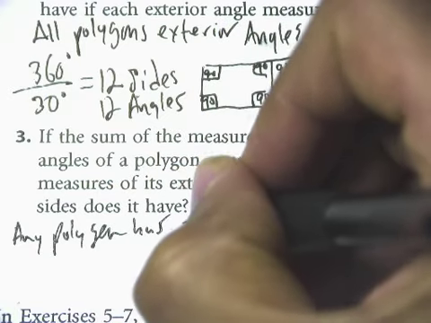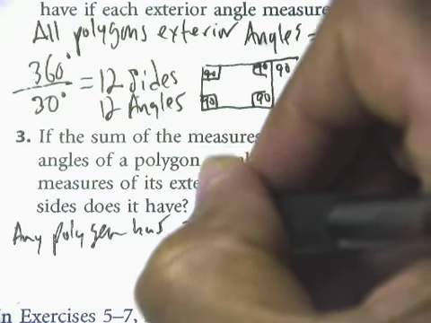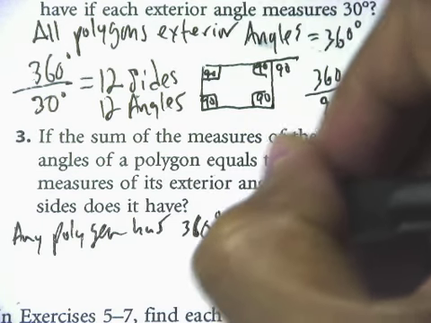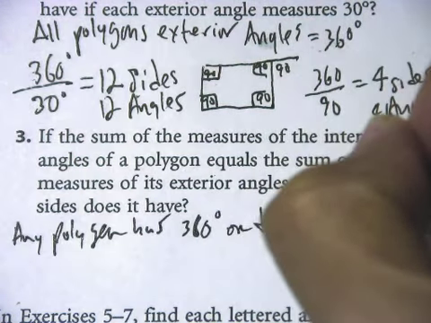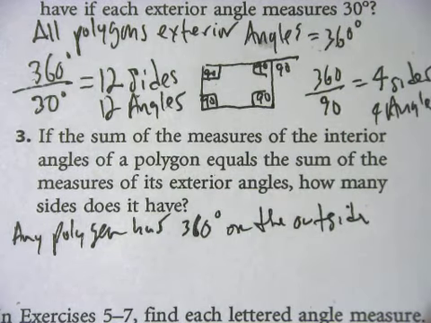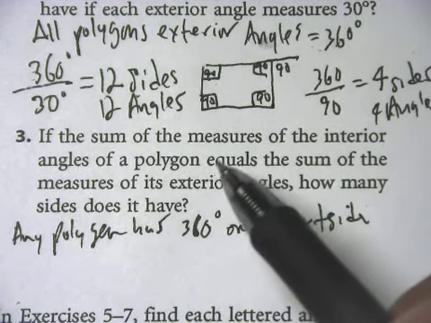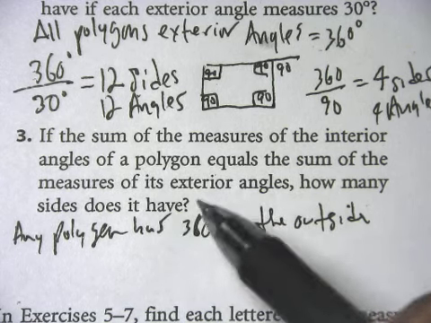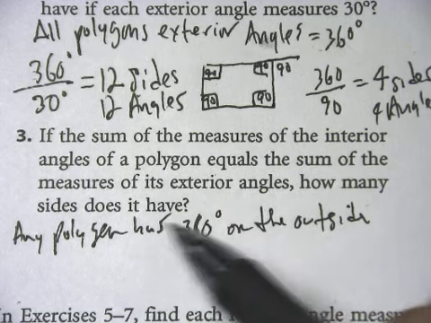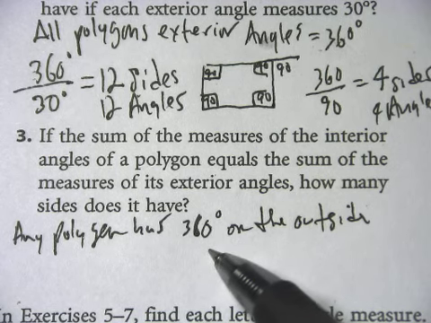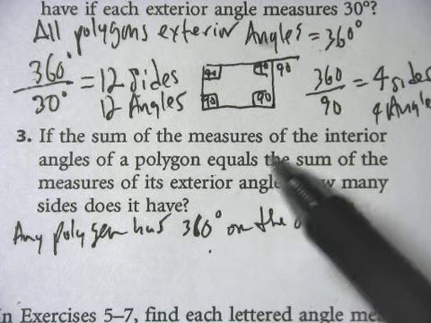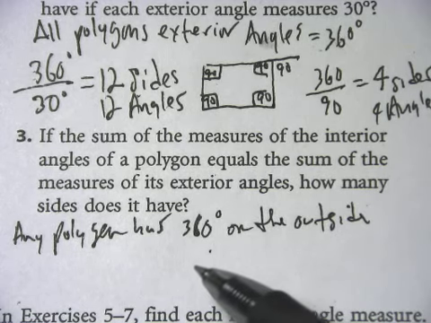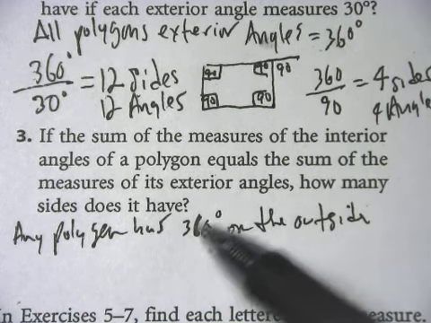Well, we know that any polygon has 360 degrees on the exterior, on the outside. And now they're telling us that the sum of the measures of the inside is equal to the sum on the outside. So I know that on the outside it has 360 degrees, and they're saying that this polygon also has the same amount inside.